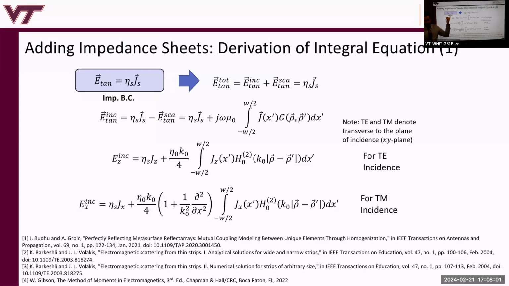This boundary condition, we'll get into it more. You can learn more about it in the metamaterials course that we teach here, or you can come to my office and I can give you some papers to read. Let me see if I have a paper here. I think it's in this paper. You might be able to find something similar in this paper. Or you can look at my paper, of course.